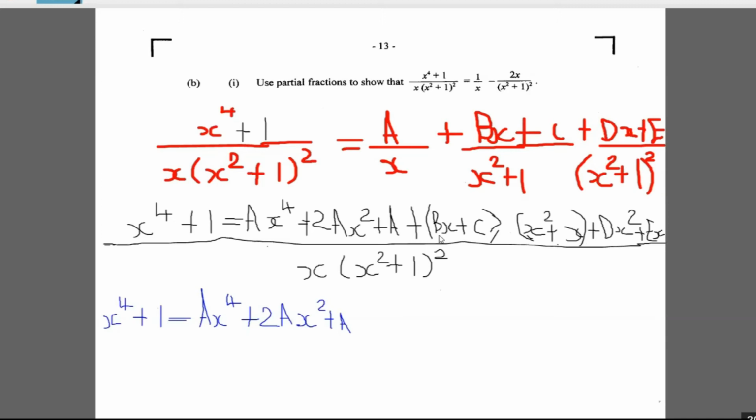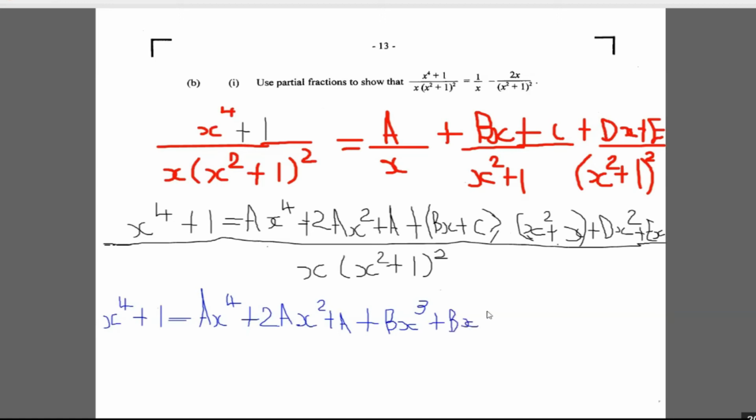So we have bx times x squared is bx cubed, bx times x is bx squared.